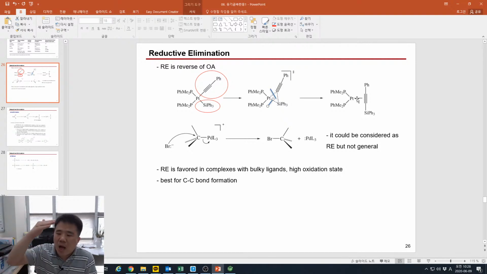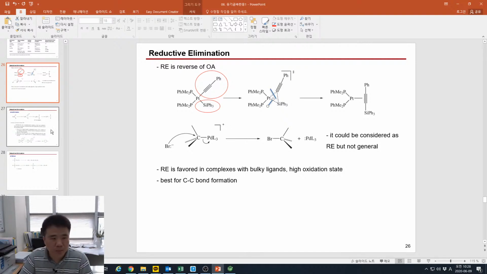Generally, high oxidation state transition metal complexes like reductive elimination, because the oxidation state is too high, so they try to reduce it. So this pathway is good for C-C bond formation.